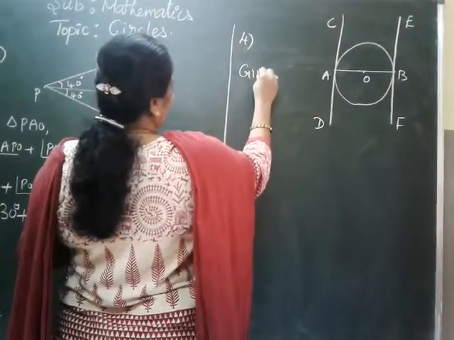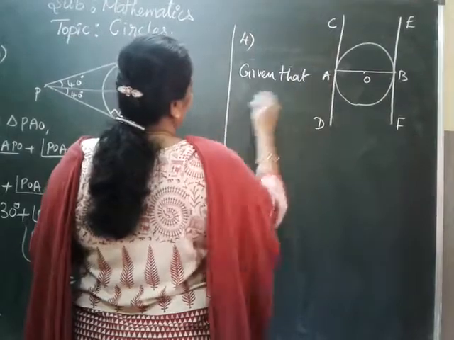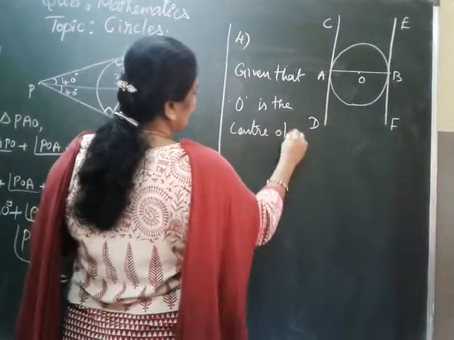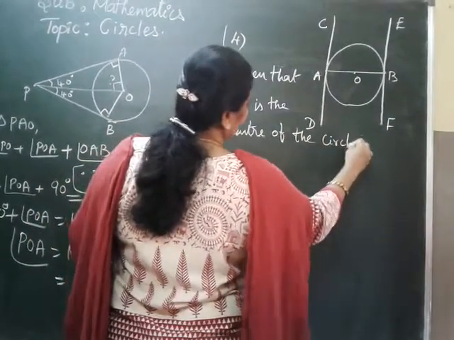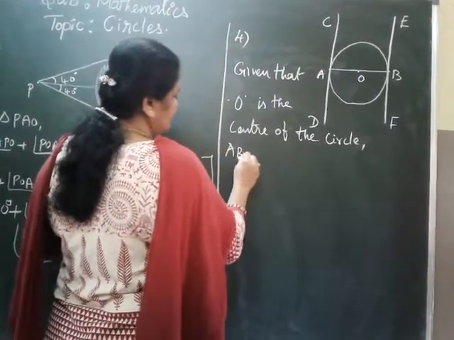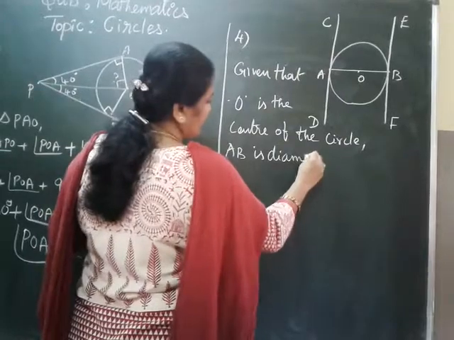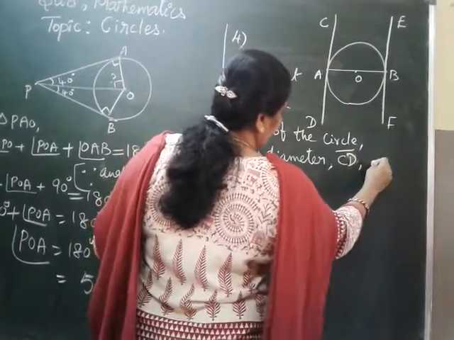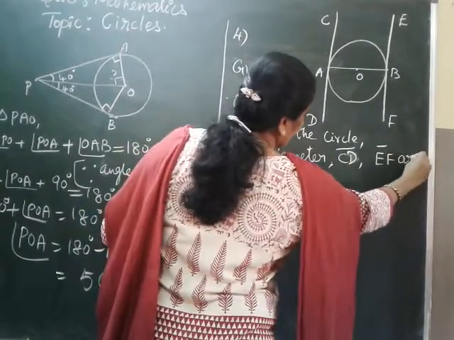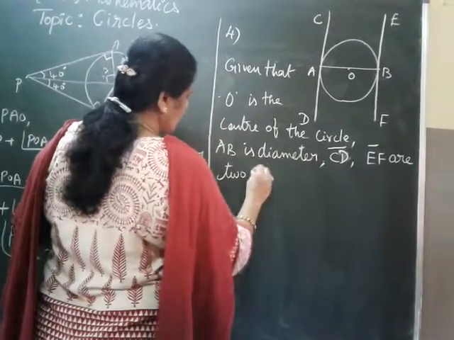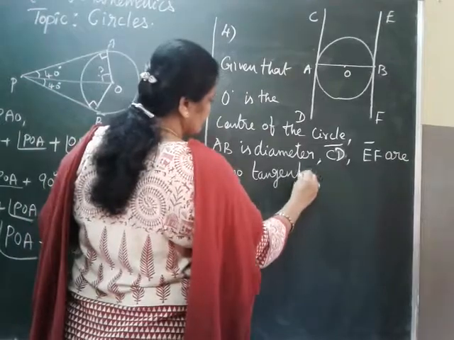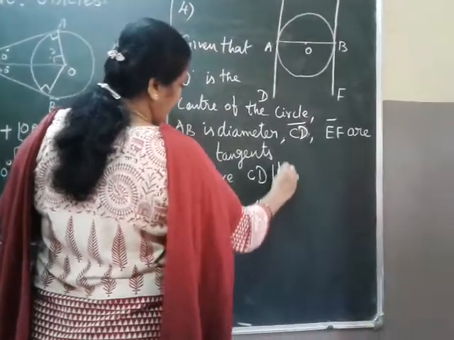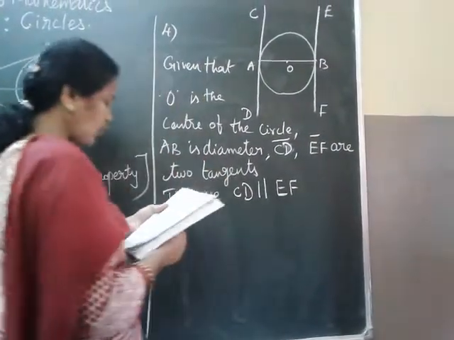CD and EF are two tangents. To prove: CD is parallel to EF. How do you prove it?